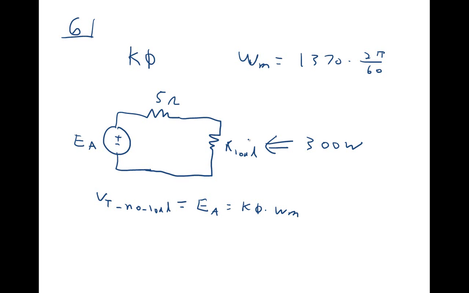All right. Well, what's the power going into this load? Well, power going into that load would be the voltage across the load. That's what we're trying to find, this VT. That would be the full load. VT times IA, which VT is just going to be IA times R load multiplied by, of course, IA.